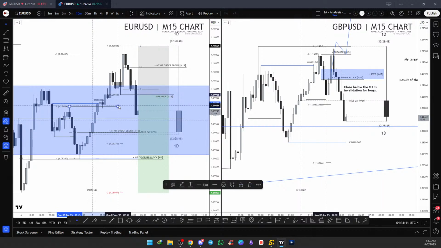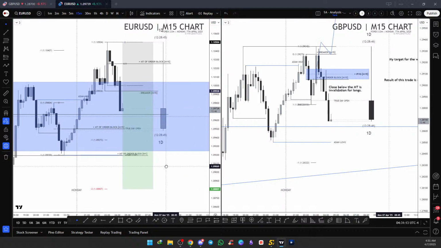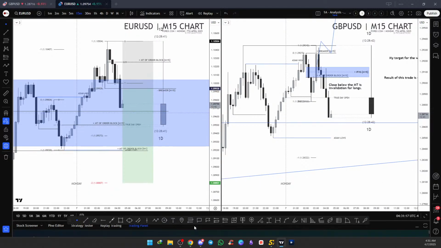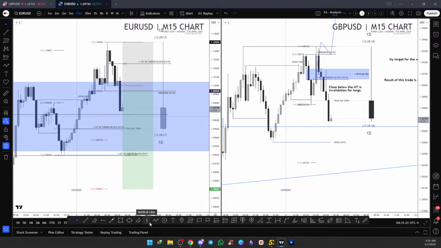Let's just remove all old drawings. So let's see. This breaker is my point of entry. Okay. So all I'm expecting is price to tap into this breaker and move down lower. So let's see if we get this entry and get this trade.